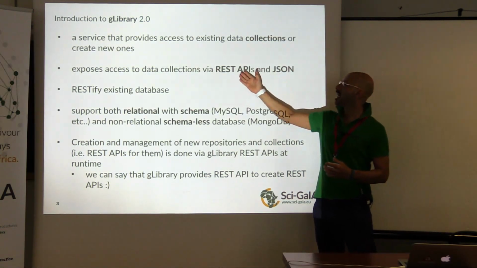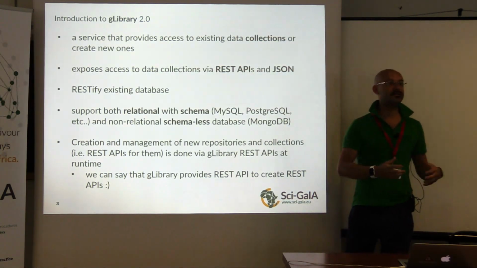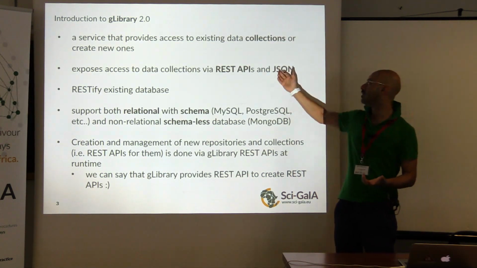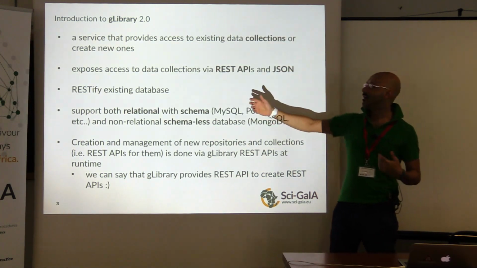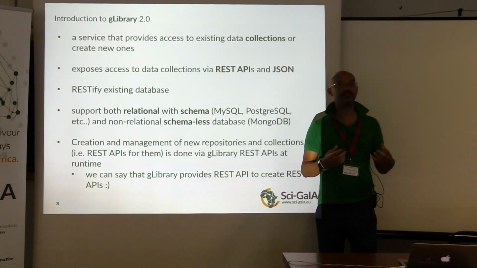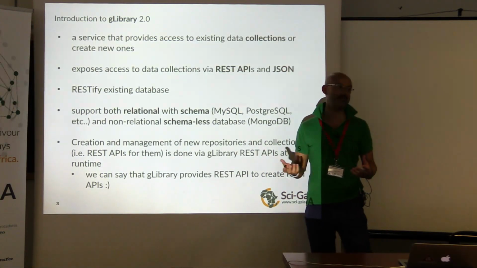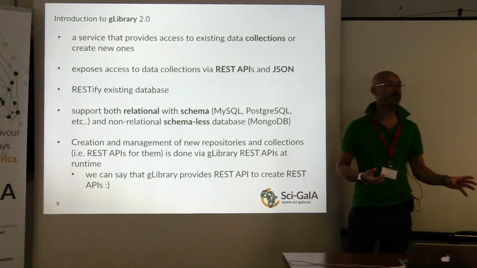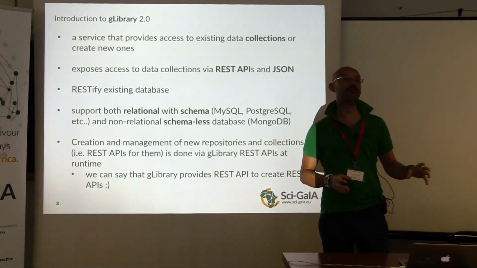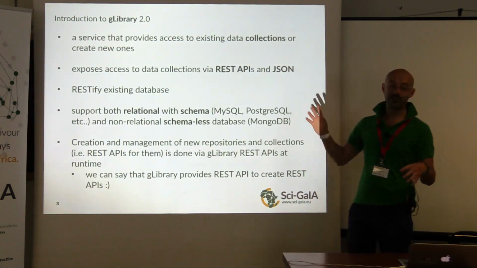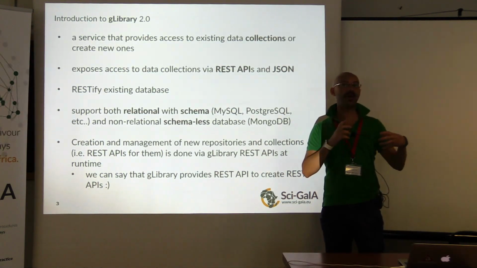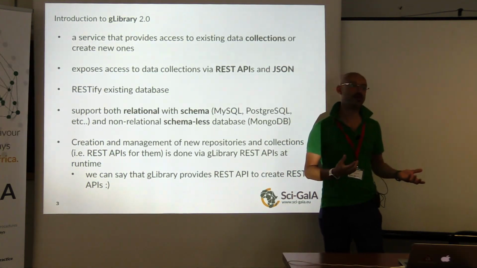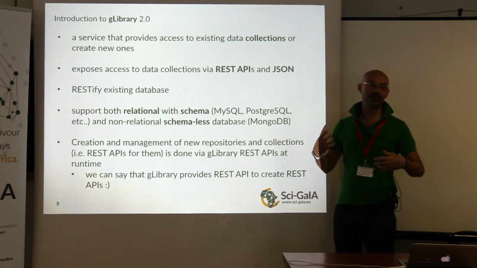It actually exposes REST APIs over data collections using JSON format. I'd like to say GLibrary can be used also to restify a database. So you have a database deployed somewhere, a local database or a remote database. Through GLibrary, you can expose the tables of your database through REST APIs.